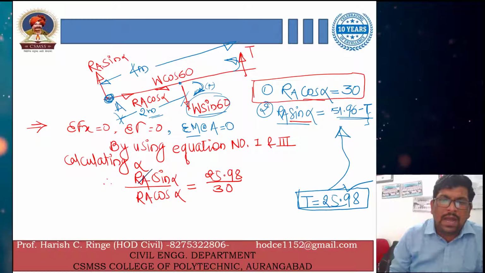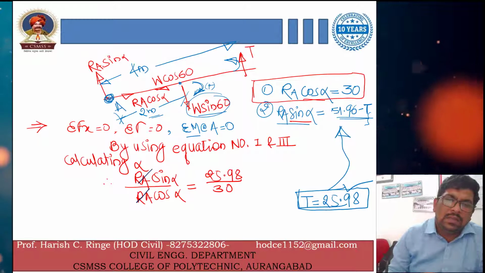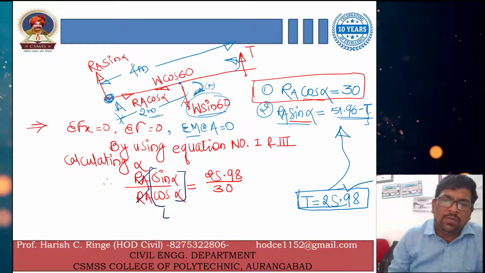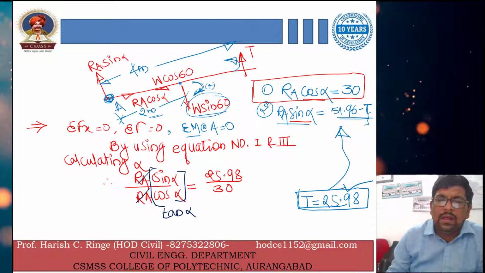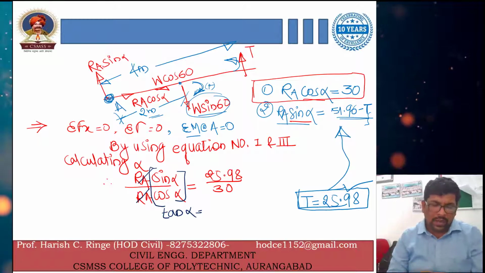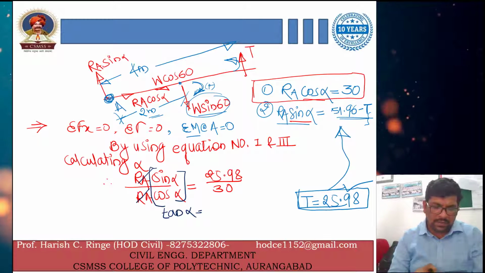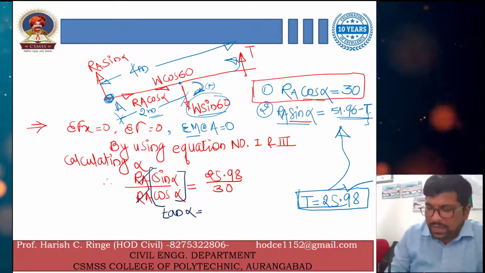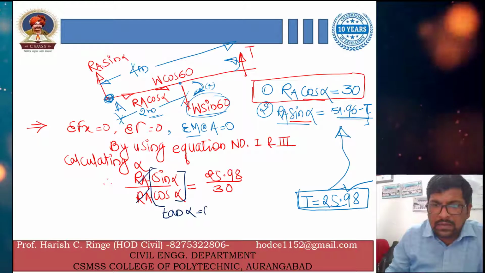So what will be there? Ra will get cancelled. This sine alpha divided by cos alpha will give me the value of tan alpha, that is equal to 25.98 divided by 30, which gives the answer 0.866.